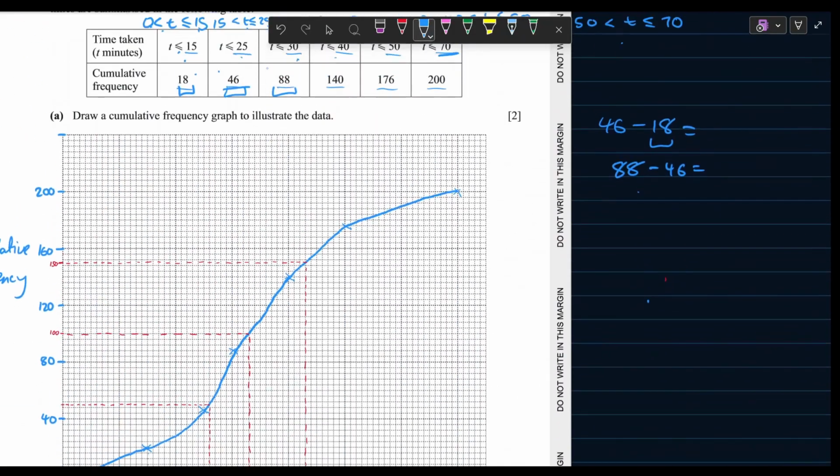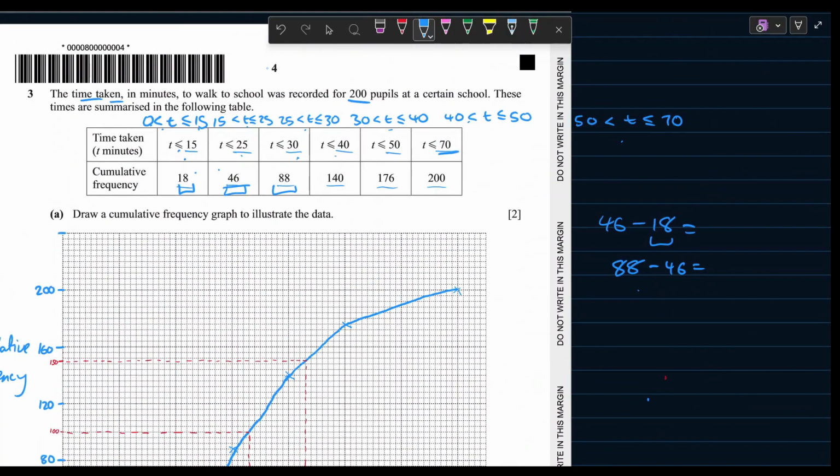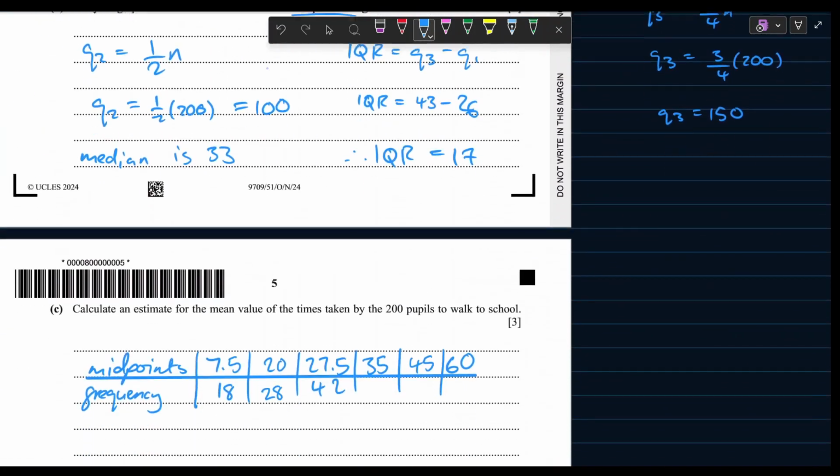And this same logic will continue to apply. This is frequencies for first four classes. So subtract frequency of the first three classes. That should leave you with frequency of the fourth class. So 52.